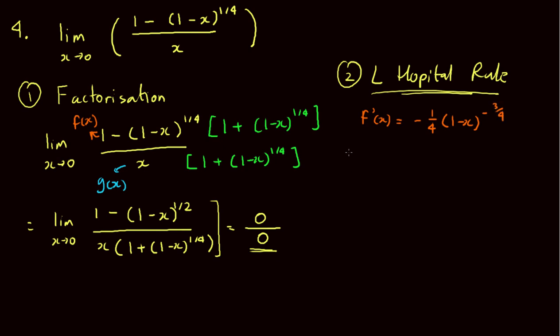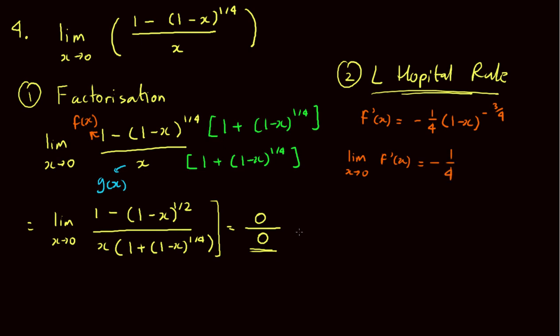The limit as x approaches 0 of f prime x would be negative 1 over 4 times (1 minus 0) to the power of negative 3 over 4, so it will just be negative 1 over 4 at the end of the day.